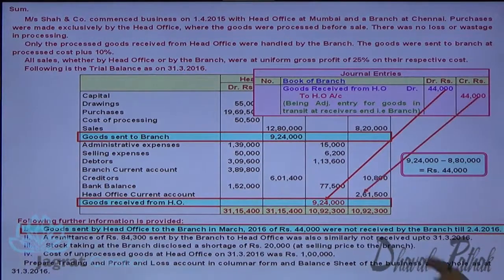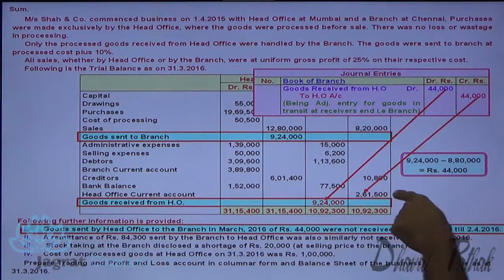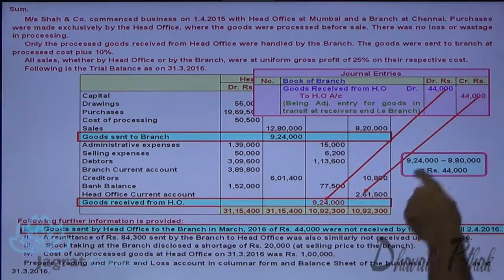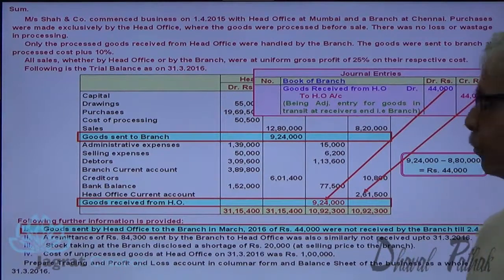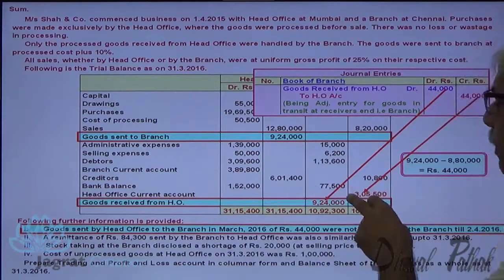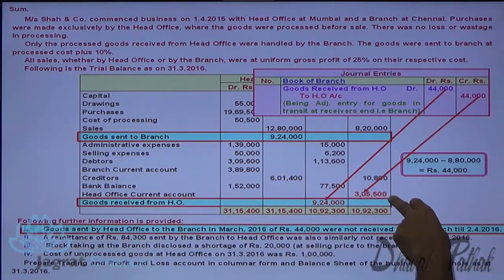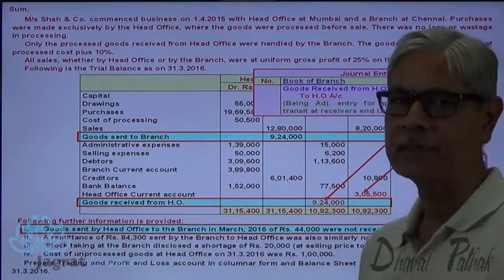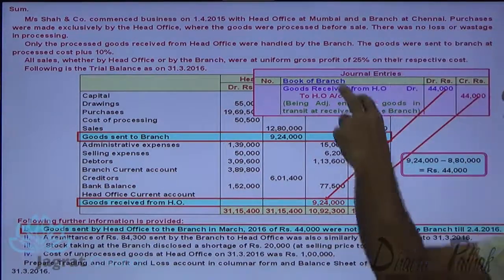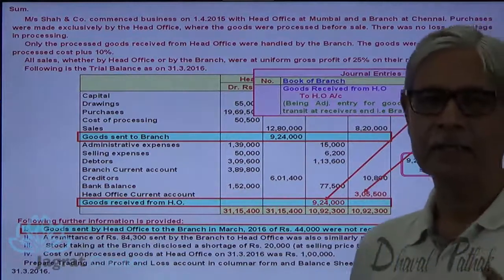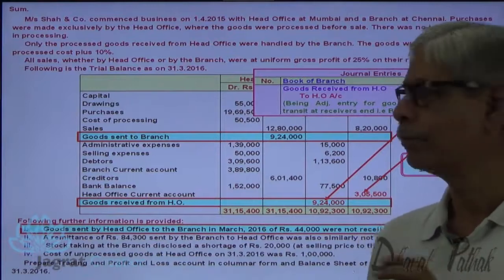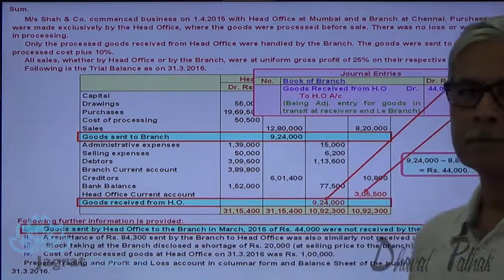And the second effect is given to this 2,16,500. HO account credit. This is a credit balance. So in credit balance, this 44,000 is added. So the balance here in the books of branch, HO account balance, will become 3,05,500. So this is how goods in transit adjustment is identified. Adjustment entry recorded at the receiving end, and its effect is given on the values of the trial balance.